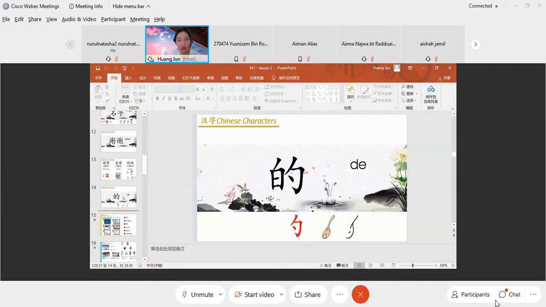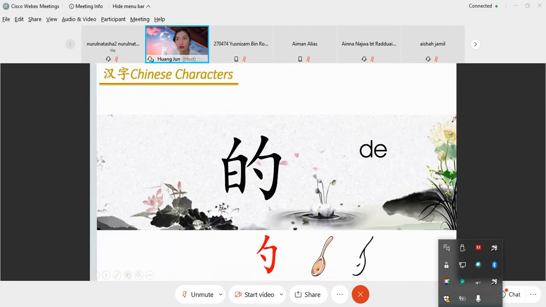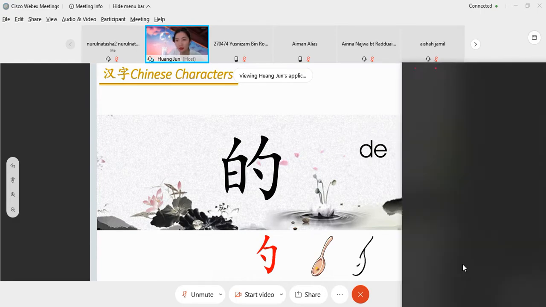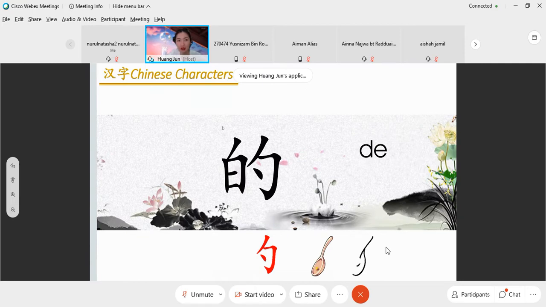For the first Chinese character de over here, we already told you focus on the right side. The meaning means someone's. For example, 爸爸的朋友, father's friend. So then we focus on the right side over here.